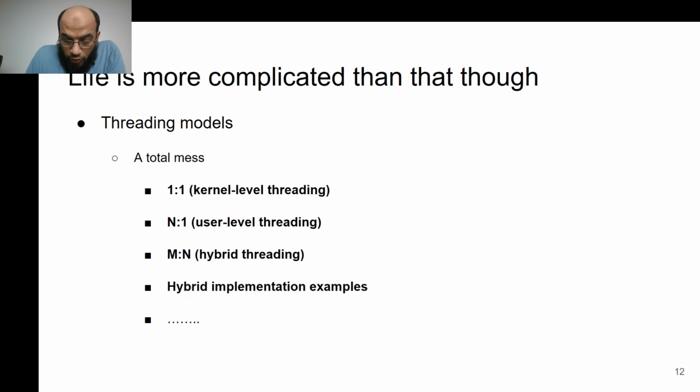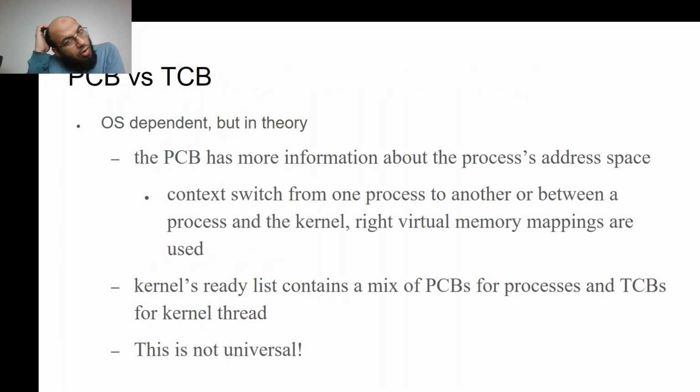We are going to cover a little bit of this over the next couple of slides. The PCB versus the TCB is actually not as simple as I introduced it. It's operating system dependent. Different operating systems have different data structures and different models for what the PCB and TCB mean, and different models for threading.